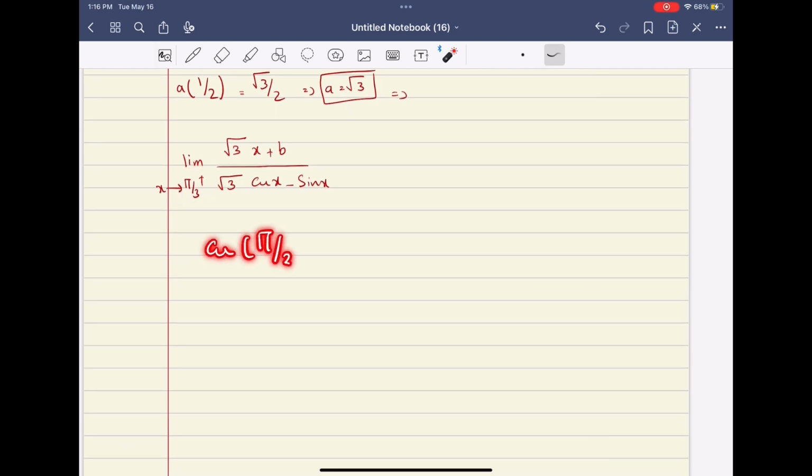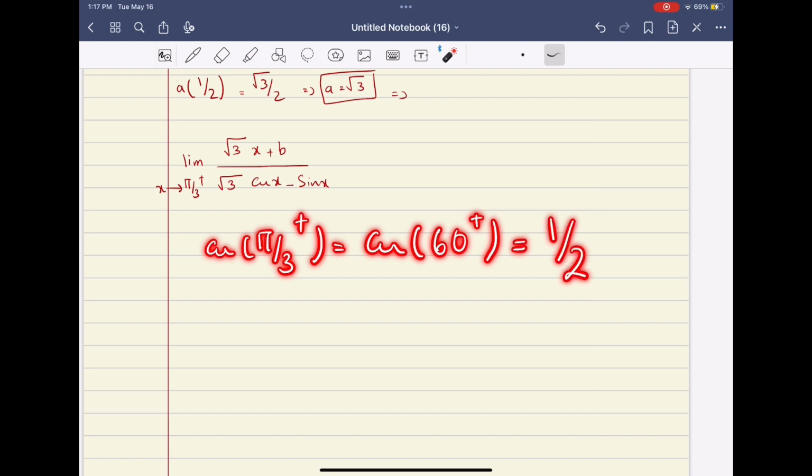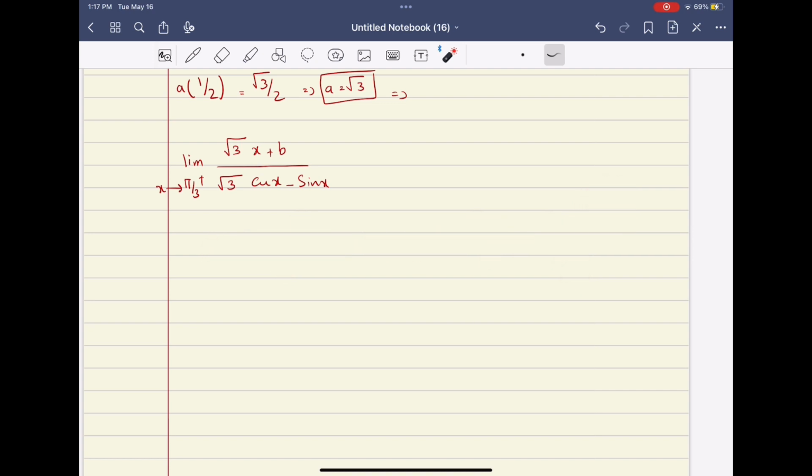So the cosine of pi over 3 positive would be equal to cosine of 60 degrees positive, or 1 over 2 negative. On the other hand, sine pi over 3 positive would be equal to root 3 over 2 positive.